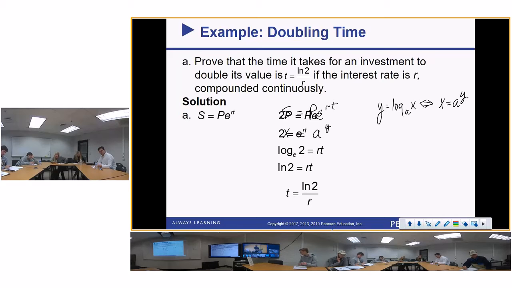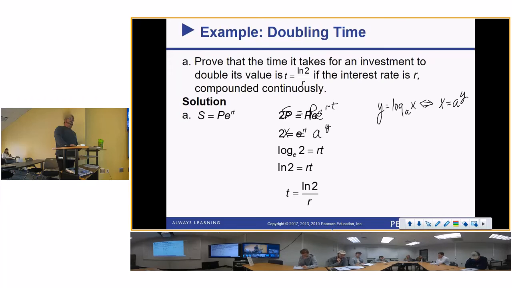I'm a little bit confused on the 2P though. Where did they get 2P? You're supposed to divide by P. Okay, prove that the time it takes from S is equal to P. Something is wrong with their algebra. You can't just start with 2P when it's not in the directions.